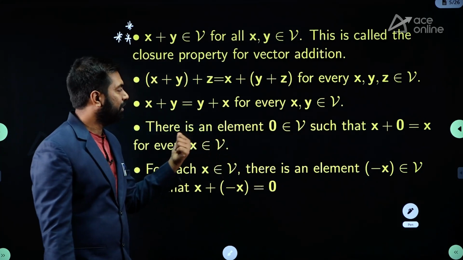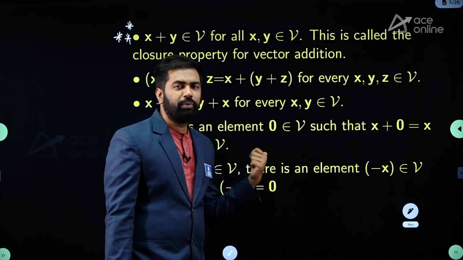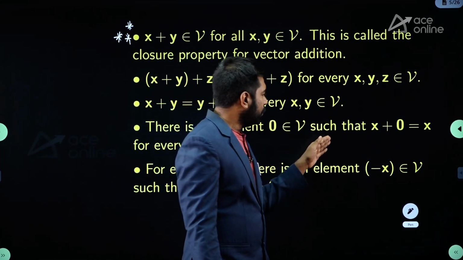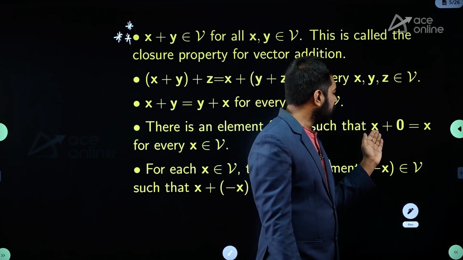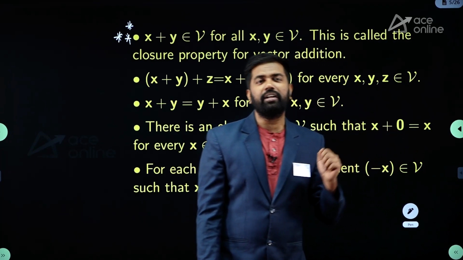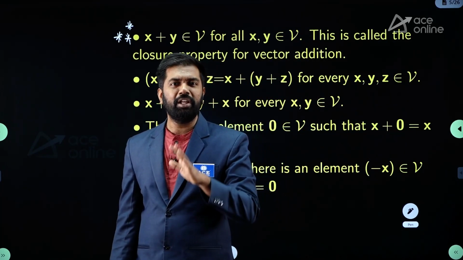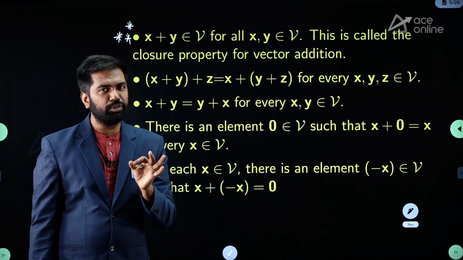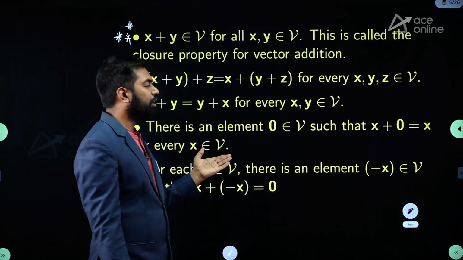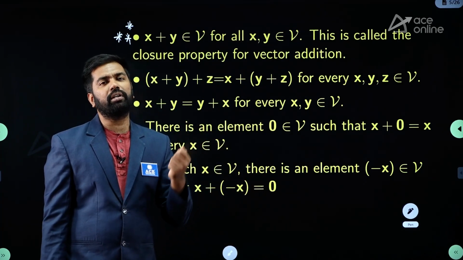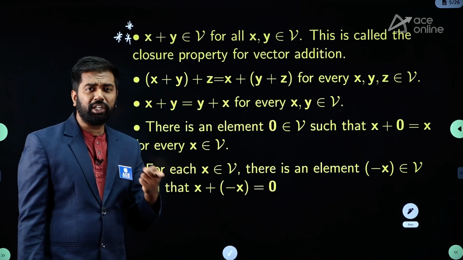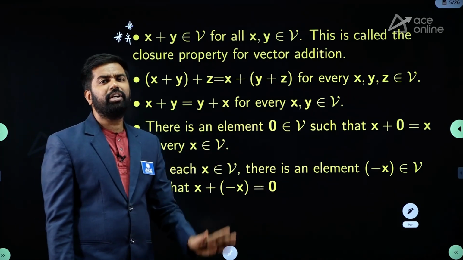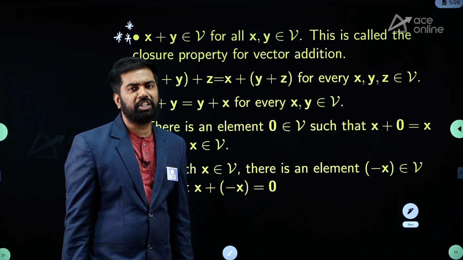There is an element called the 0 vector in the given set such that you take any vector x and add it to the 0 vector, and you again get x. So simple. How do you use this for verification, students? You have to check whether the given set contains the 0 vector or not. If it does not contain the 0 vector, you can eliminate that option, saying that it is not a vector space.